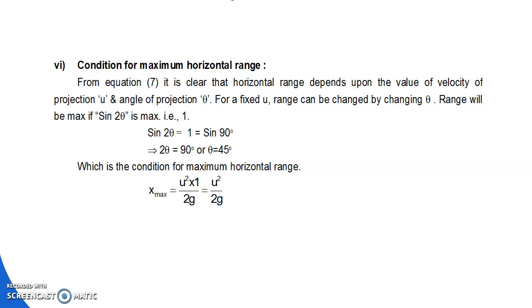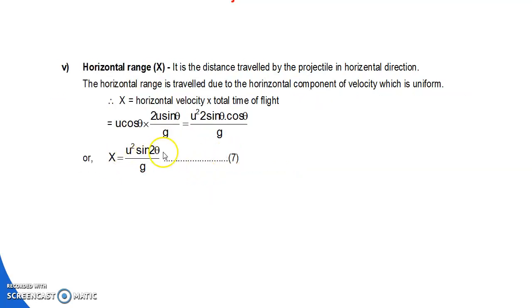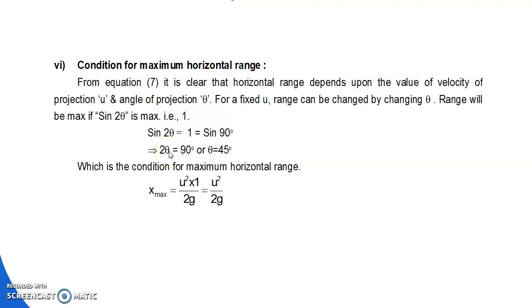From equation 7 it is clear that the horizontal range depends upon the velocity of projection u and the angle of projection theta. Here u is constant, g is constant. So what is the variable? Theta. So at what angle do we have to throw so that we can find the maximum range?